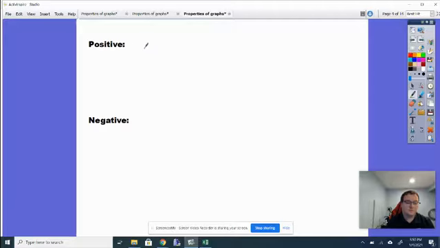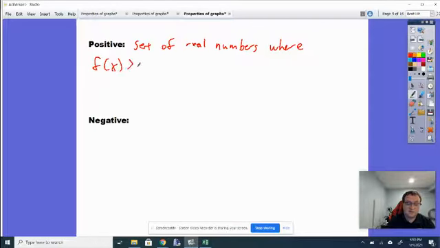Okay, positive, negative. Positive and negative is the set of real numbers where f of x is greater than 0. So when I plug a number in for x, the function should be positive, greater than 0. Again, we're not going to include 0 because 0 is neither positive nor negative.